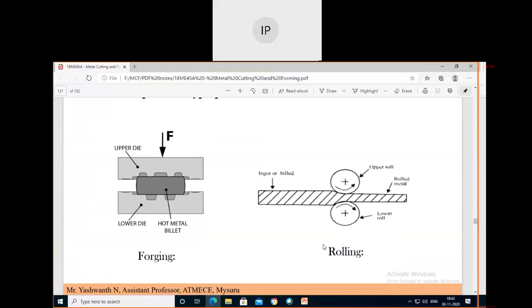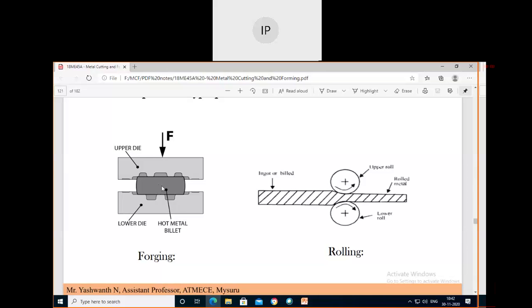In this type of forming process, a compression force is applied. This capital F is nothing but the compression force applied directly on the surface of the workpiece. What happens when you apply the force directly on the surface? This is a hot metal billet or workpiece.